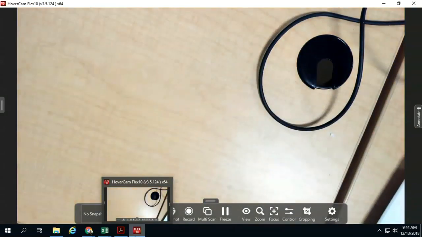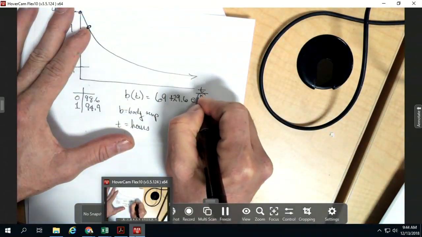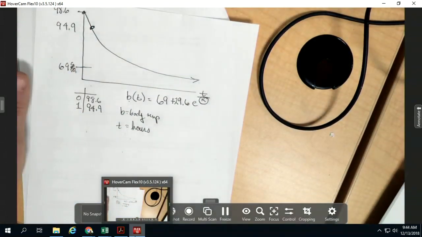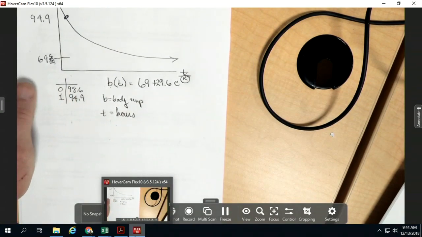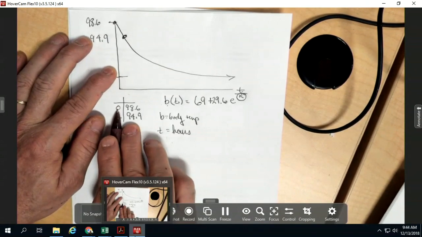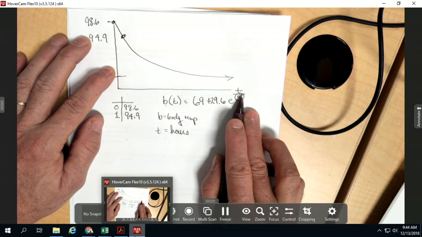So we have this one variable we have to figure out, correct? We can't figure it out from the first point, because if the first point is 0, that'll make this whole thing 0, which doesn't help us any.